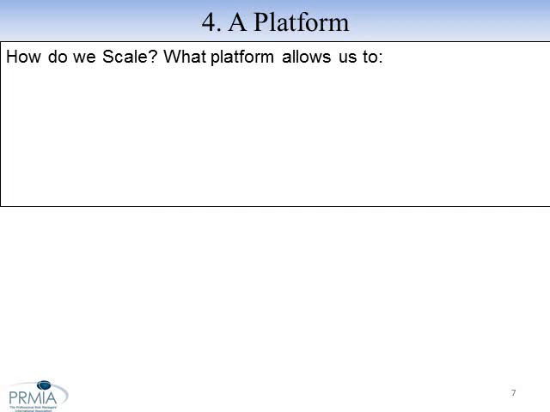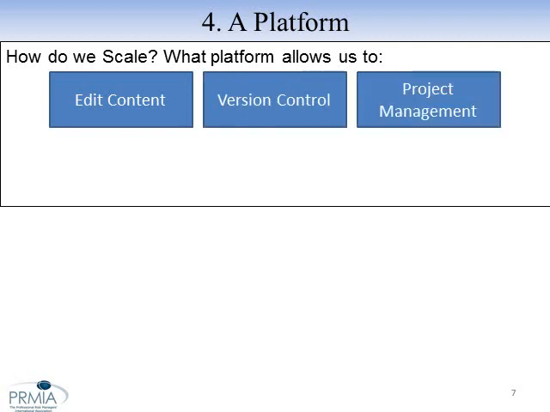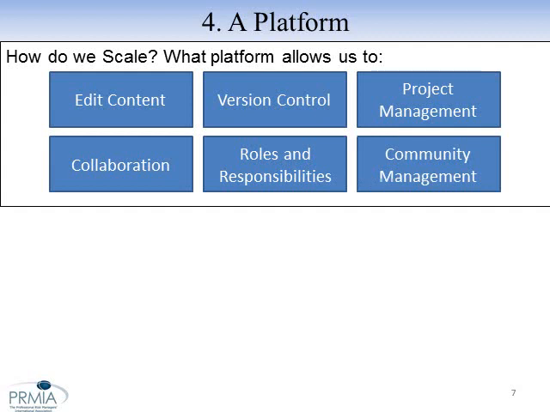So, the platform. How do we scale? What platform will allow us to edit content, have version control, project management, collaboration, roles, responsibilities, and community management? Really, how can we have some way that we can have hundreds of people working on these standards of practice at one time, to pull all that content together, make sure that quality is in place and so on.